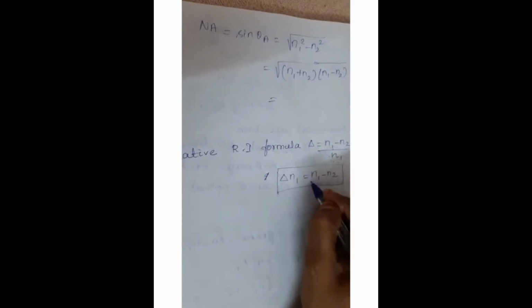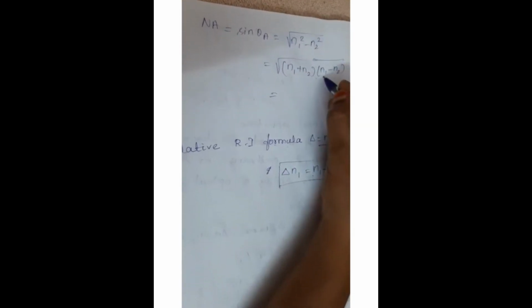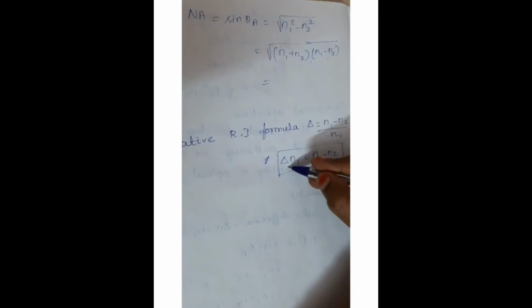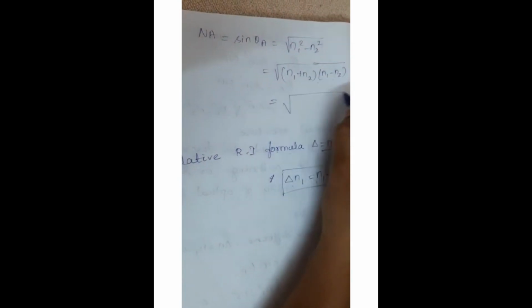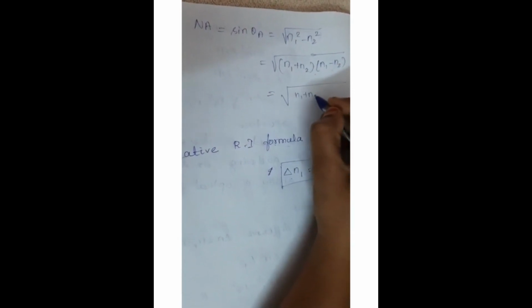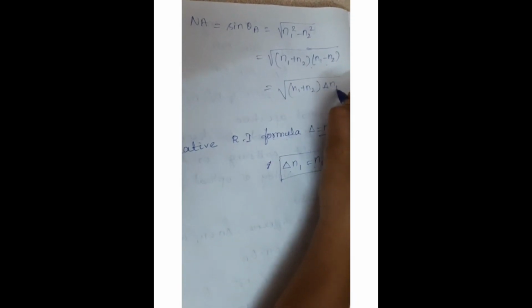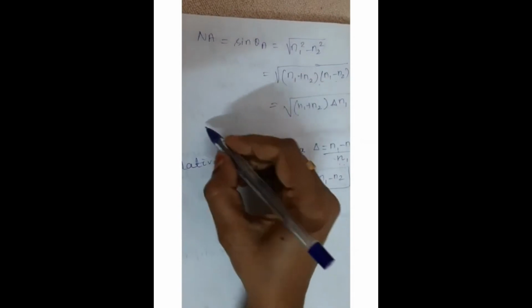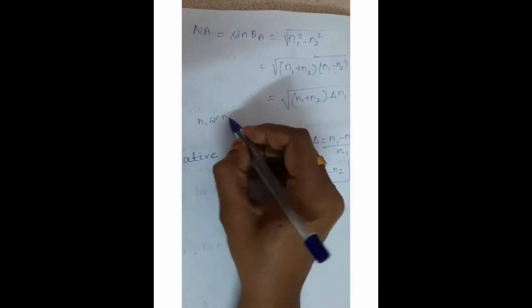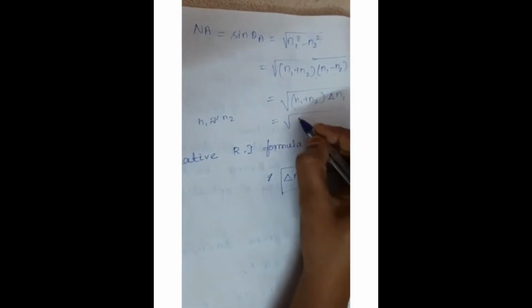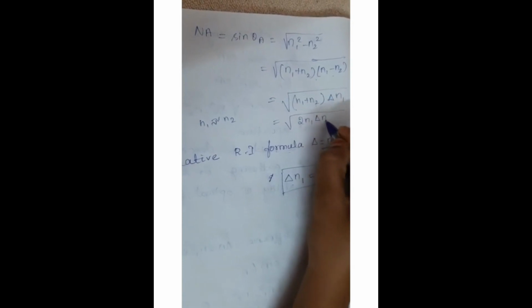Now substitute this in place of N1 minus N2, so N1 plus N2 into del N1. Here also, when N1 is approximately equal to N2, it becomes 2N1 del N1.